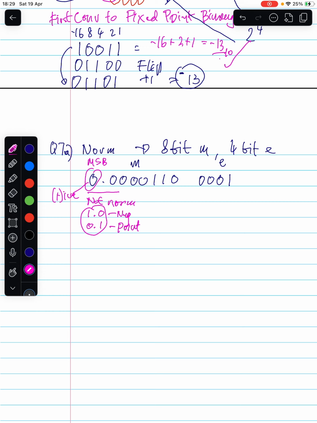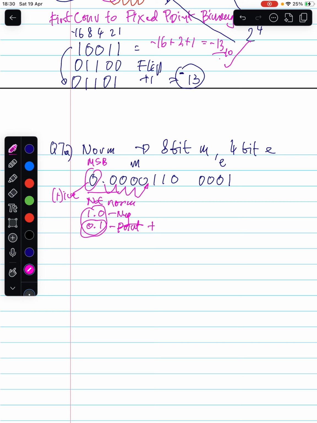That means we have to move the binary point so we end up with a positive number. Let's move it to that position: 1, 2, 3, 4. Let's do that again: 1, 2, 3, 4. That's where the binary point will end up.